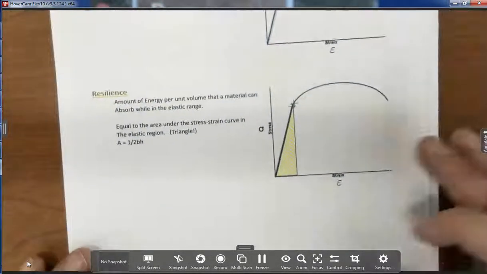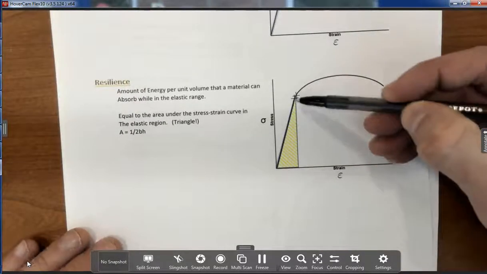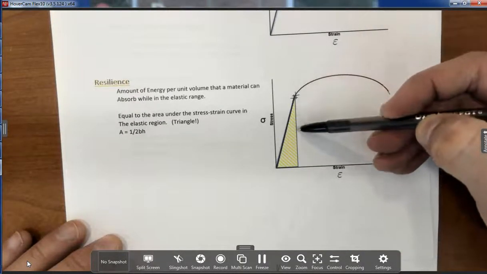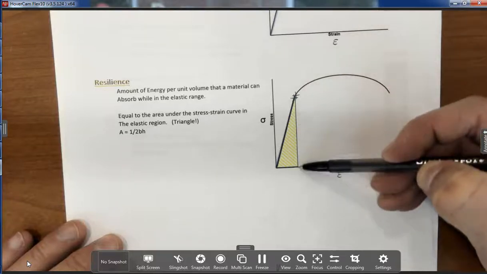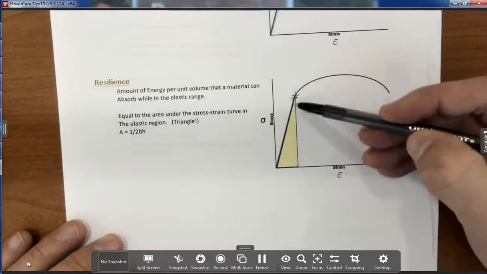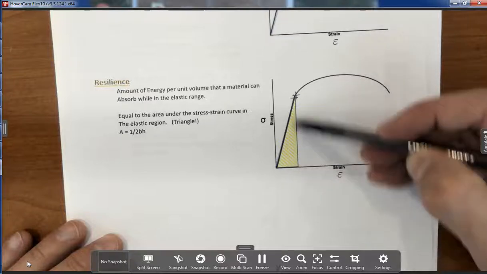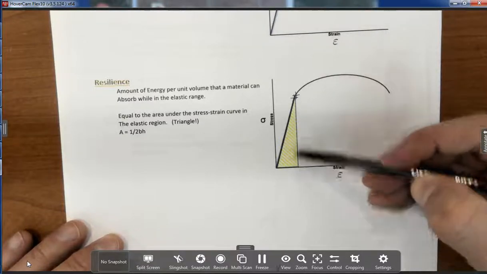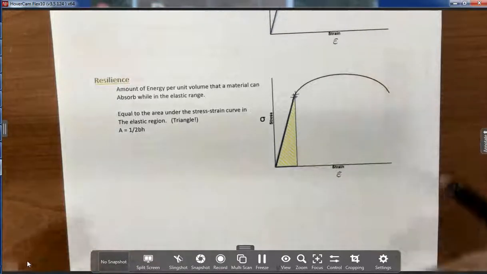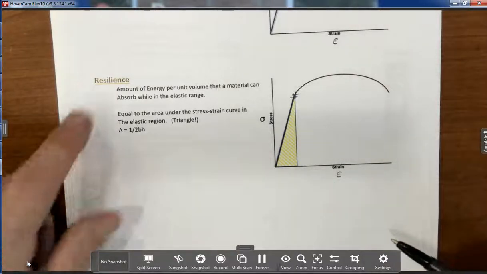In regards to the elastic region, if you were to drop a vertical line, like an altitude straight down to the x-axis, the area under the curve can be calculated. It's just a triangle right here, and that is a value. The area of that is what is known as resilience.